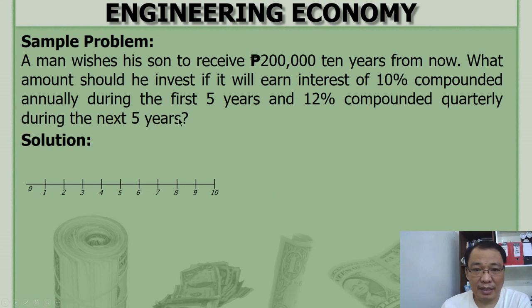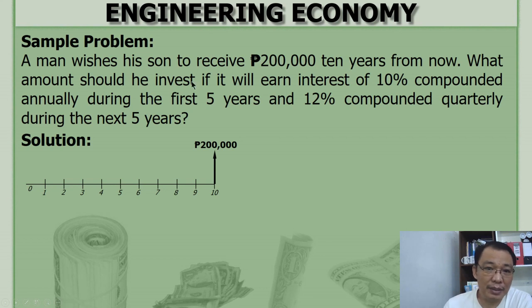We have 10 years, first 5 years and then the next 5 years, so that's 10 years. So this is your diagram. Time scale, from 0 to 10. Let's plot this. A man wishes his son to receive 200,000 10 years from now. So at 10 years, the son receives 200,000. It is positive because it is an inflow, or a receipt. What amount should he invest now?